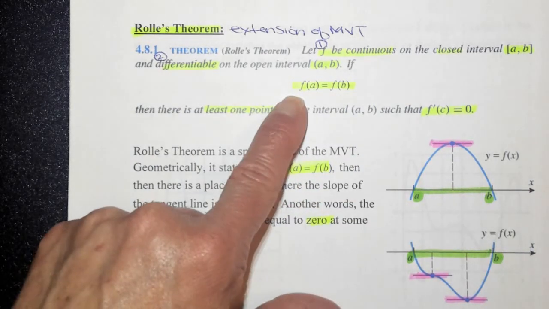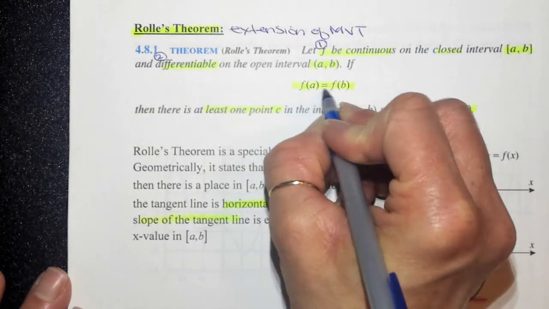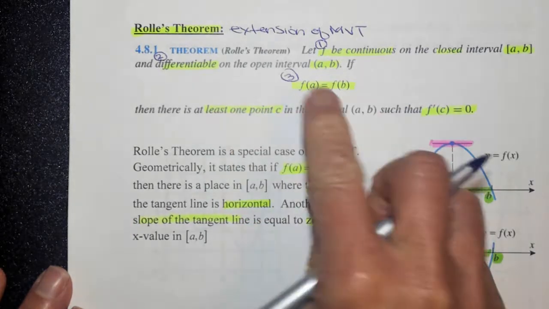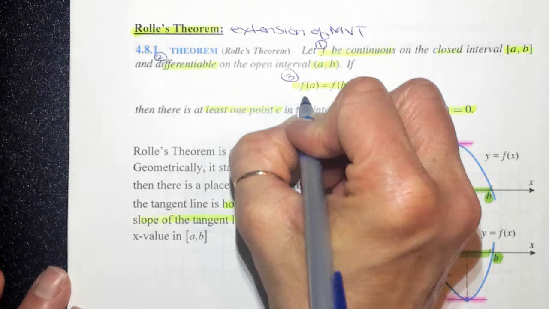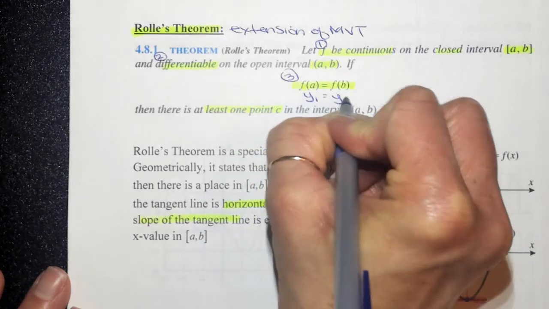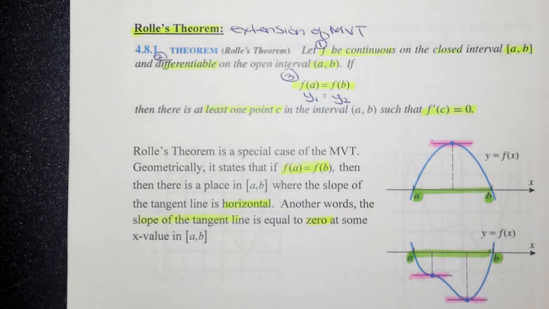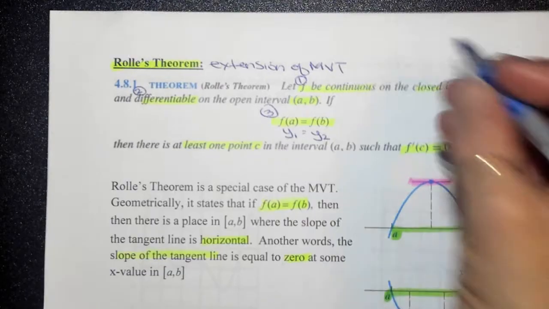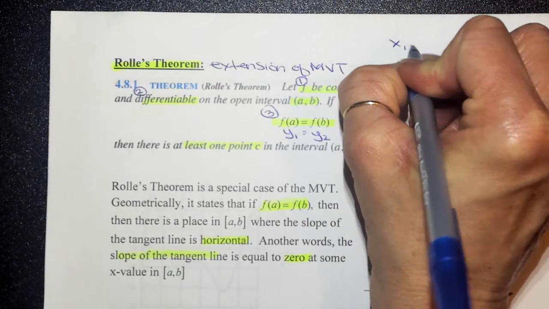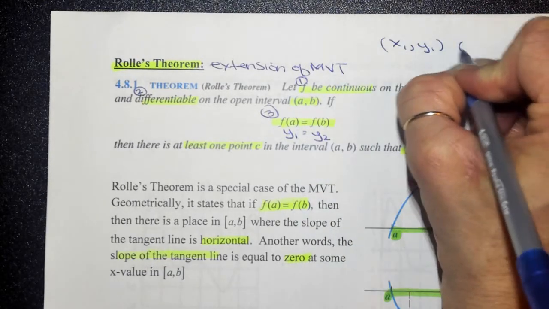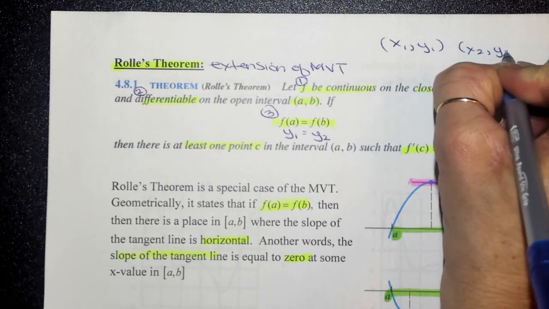Here is the third piece that's really important. f of a must be equal to f of b. This is another way of writing y sub 1 must be equal to y sub 2. If you think about when we would calculate a slope, we have x sub 1, y sub 1, and then x sub 2, y sub 2.